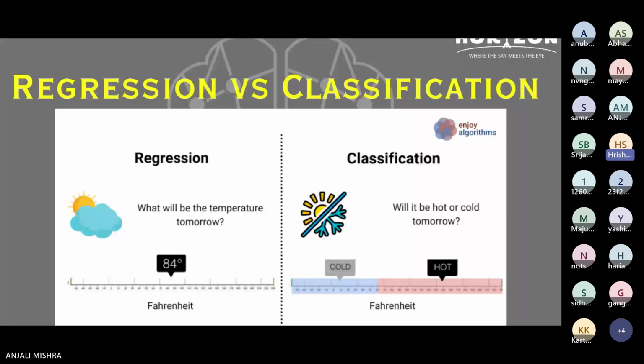So which slide are we in, the regression versus classification slide? Yeah. Assume we are there.